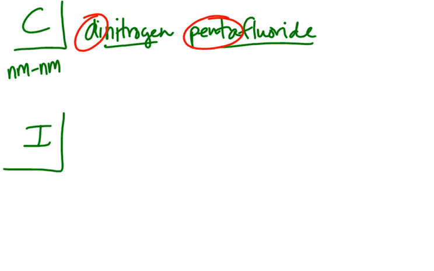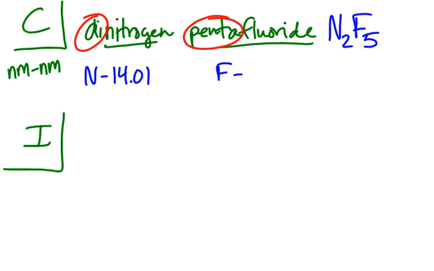In this case, dinitrogen means 2 nitrogens, and pentafluoride, penta meaning 5, F5. And then what I'll do is, to get the molar mass of this, I'm going to take the molar mass of nitrogen, which is 14.01, and then the fluorine, which is 19.00, and then I will multiply it by the number of subscripts in the formula.